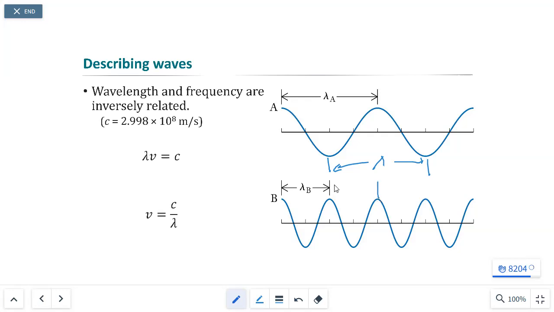The distance between wave and wave is identical, but shorter. Now we can relate these two to each other using something called c. c is representative of the speed of light. All light travels at that particular speed, just somewhere short of 300 million meters per second.